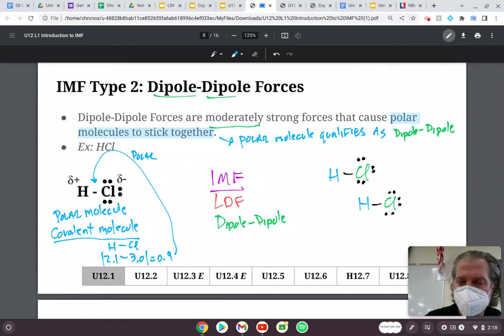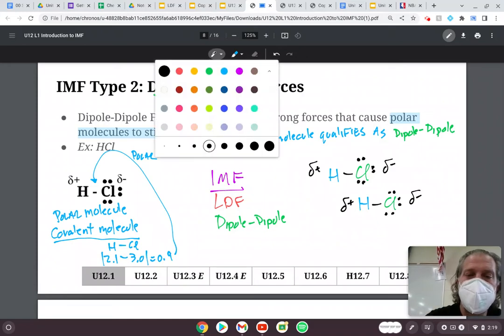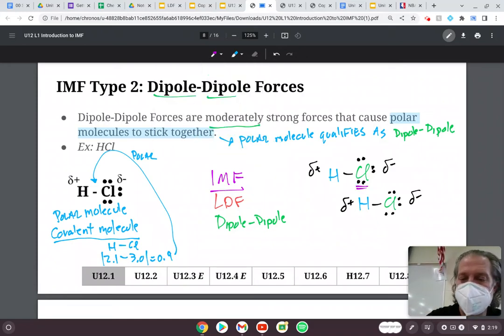And so because the electrons are being pulled toward chlorine, this is going to be the slightly negative side, and this would be the slightly positive side on both of these structures. So the intermolecular forces of attraction would occur between the chlorine and the hydrogen.